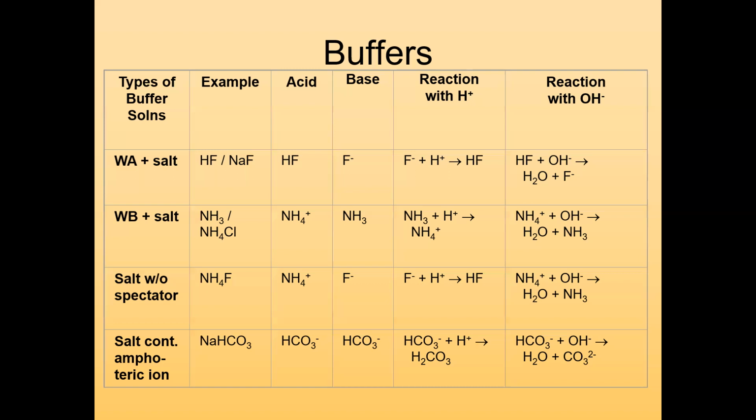We did that same reaction earlier. For the salt without spectators, here we use ammonium fluoride, because ammonium can become ammonia and the fluoride ion can become hydrofluoric acid, which is a weak acid. So both of those will react. And then we have the salt that has the amphoteric ion. Here we have sodium hydrogen carbonate, and hydrogen carbonate can either gain a hydrogen or lose a hydrogen. So that ion by itself can act as acidic or basic.